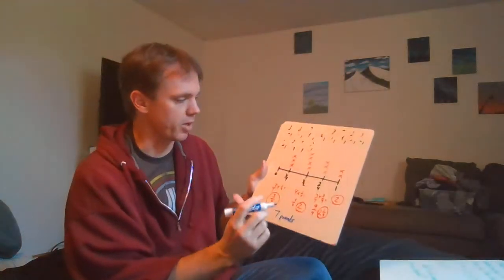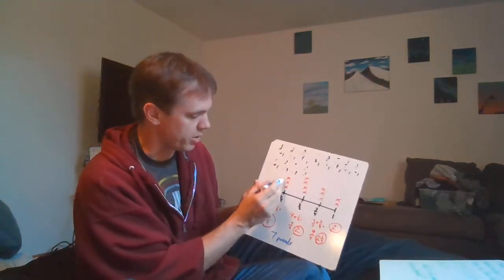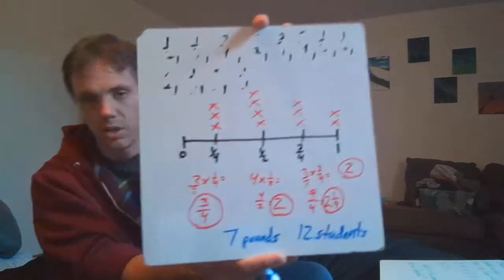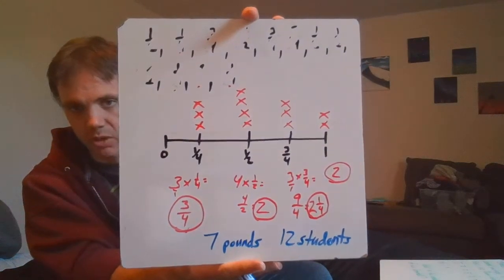Now, how many 5th graders donated things? Well, if we count them all up, we've got 1, 2, 3, 4, 5, 6, 7, 8, 9, 10, 11, 12. So we have 12 students. So 7 pounds were donated by 12 students.